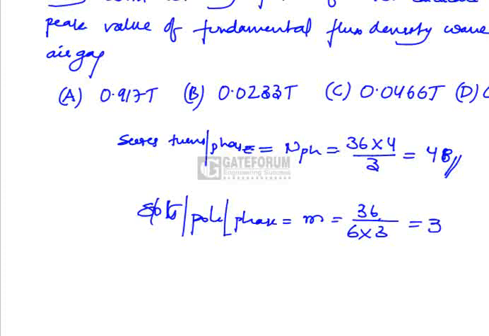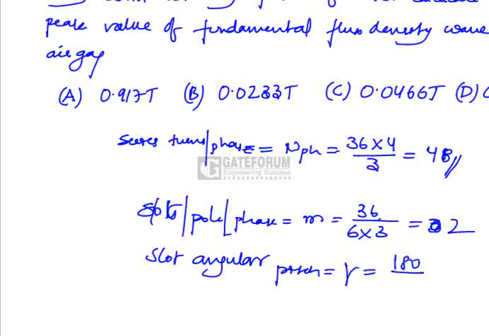So m is equal to 36 by 18, which is 2. Now the slot angular pitch, gamma, is equal to 180 by 6, which is equal to 30 degrees per slot.